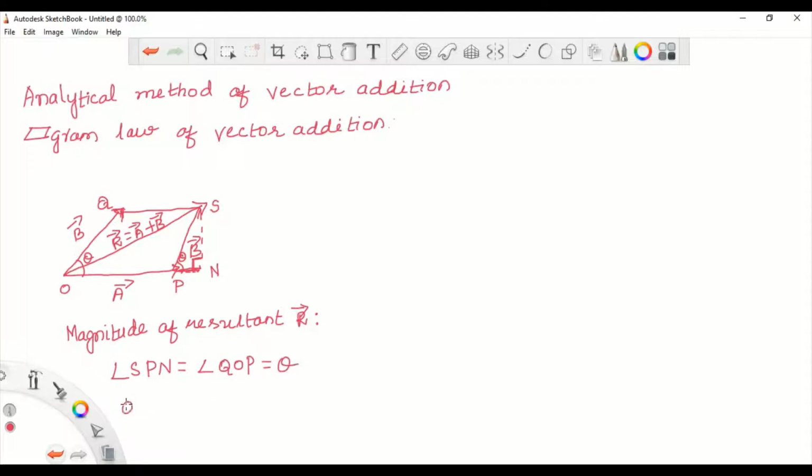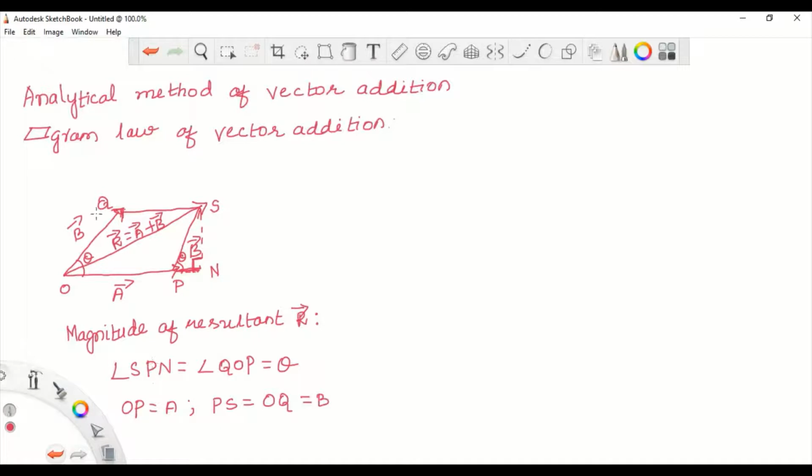We know OP is equal to A, and similarly PS as well as OQ are both B only.